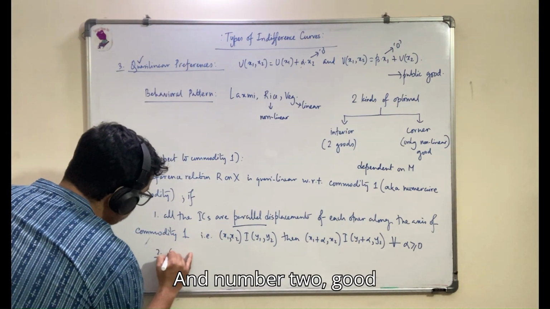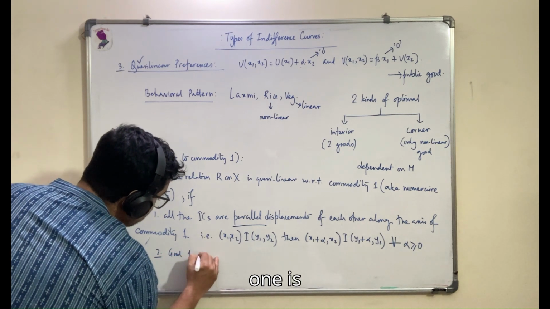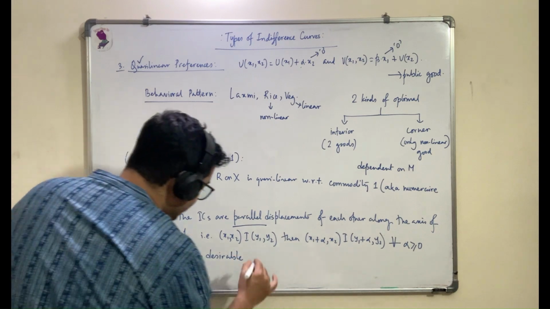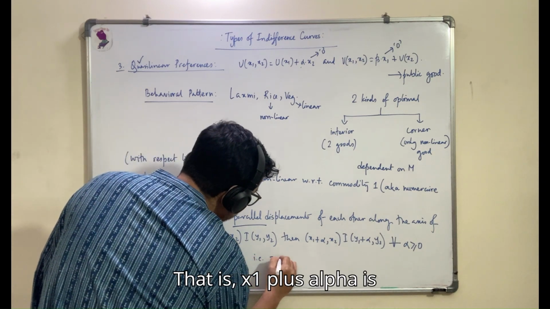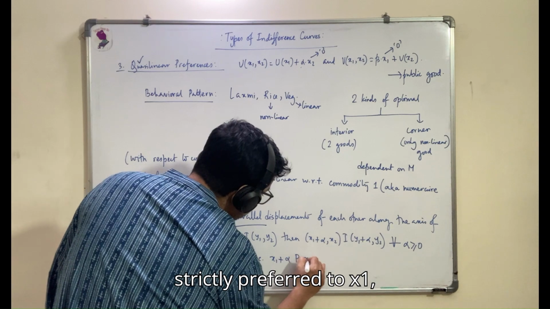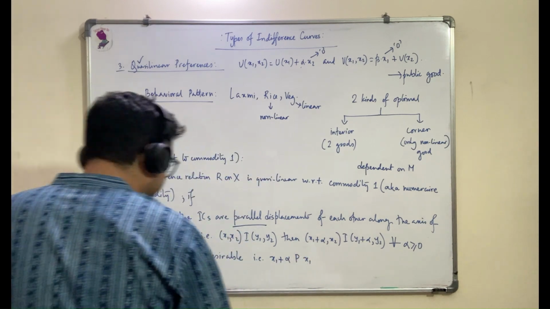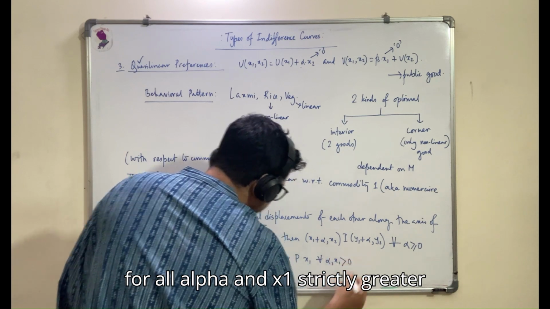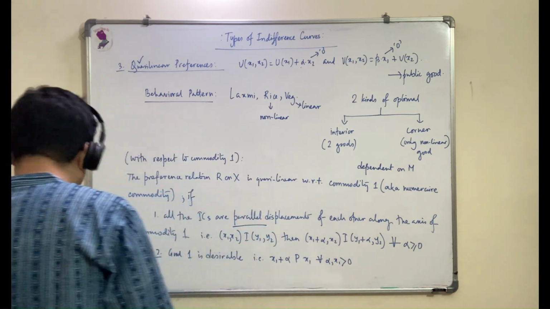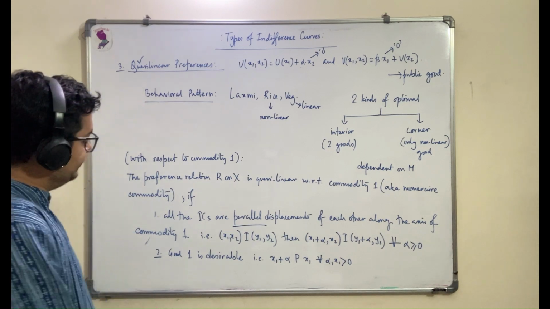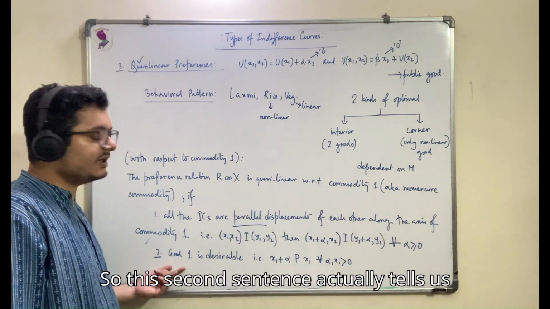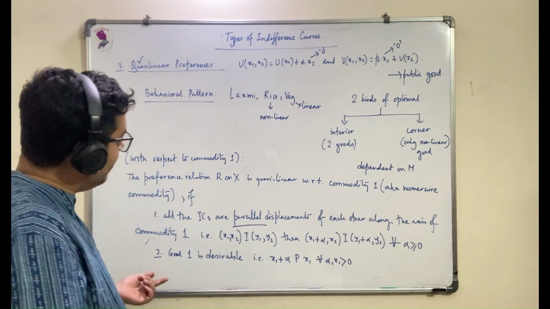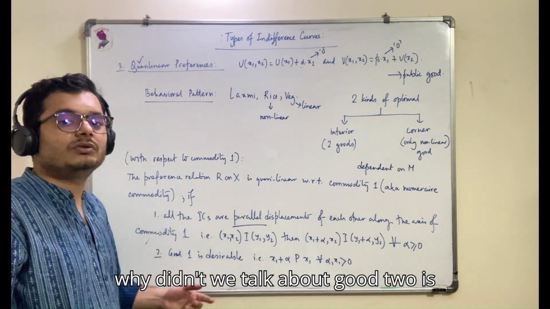And number 2, good 1 is desirable, that is, x1 plus alpha is strictly preferred to x1 for all alpha and x1 strictly greater than 0. So this second sentence actually tells us a lot of things. For example, why didn't we talk about good 2 being desirable?